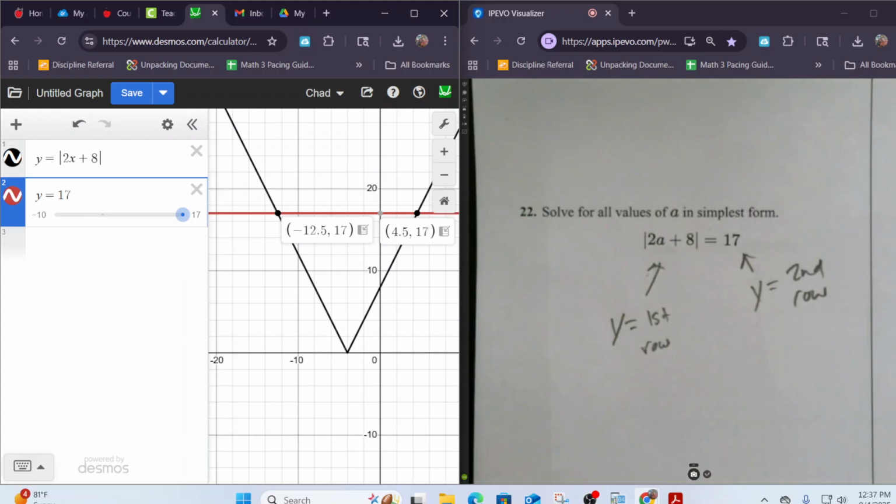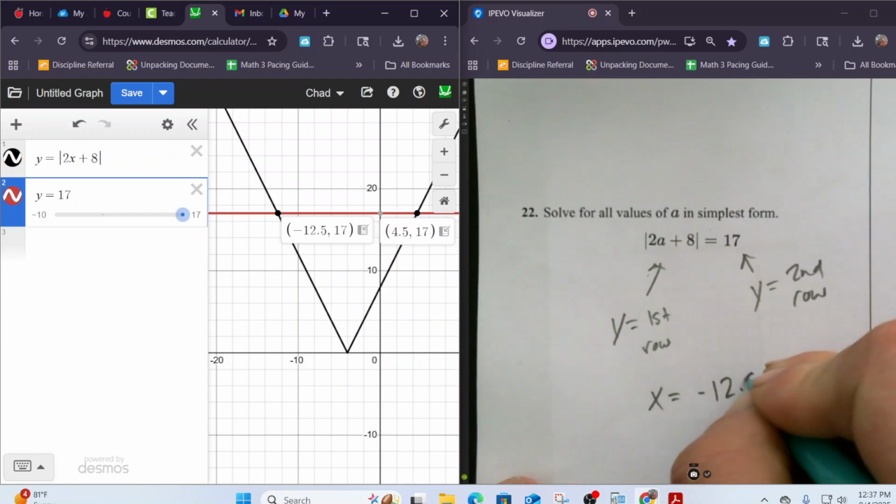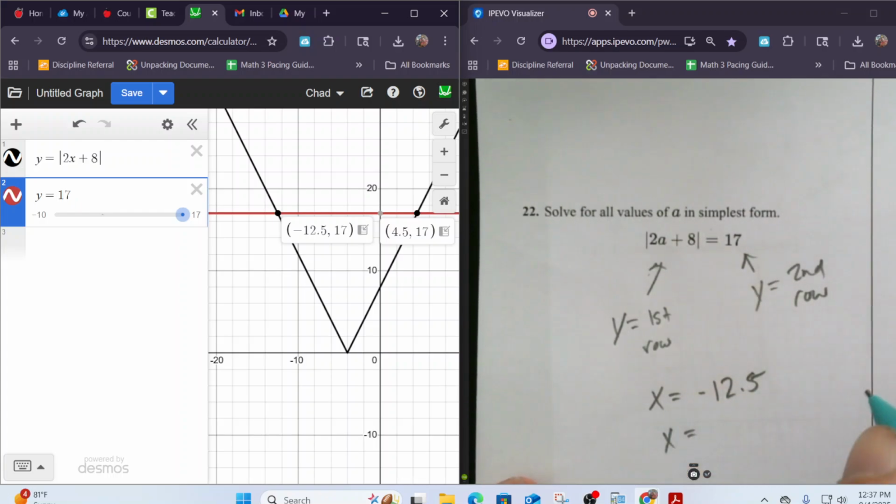And now these are just going to be two numbers, x equals, and remember the y values are irrelevant. You don't need those. Okay.